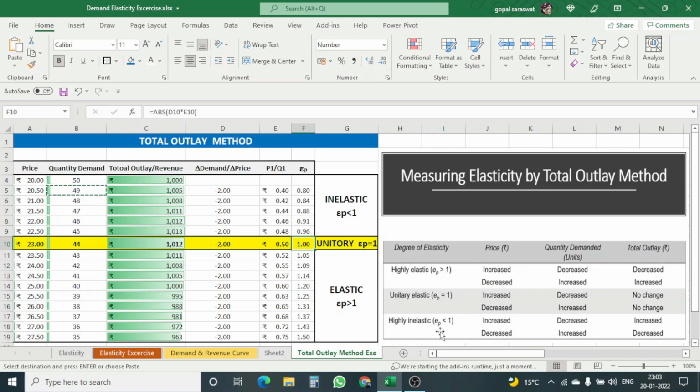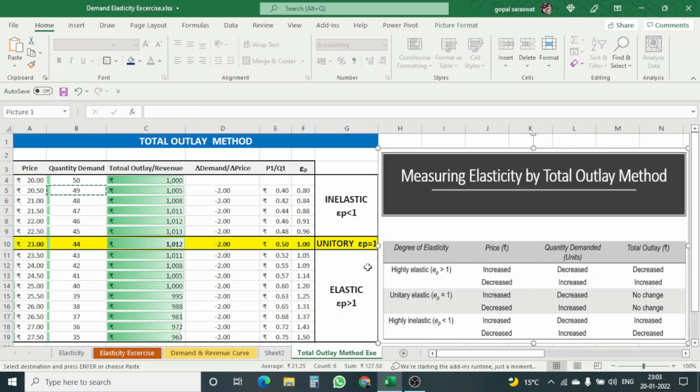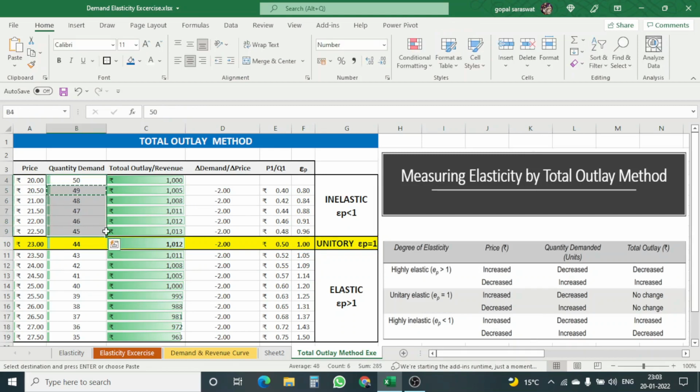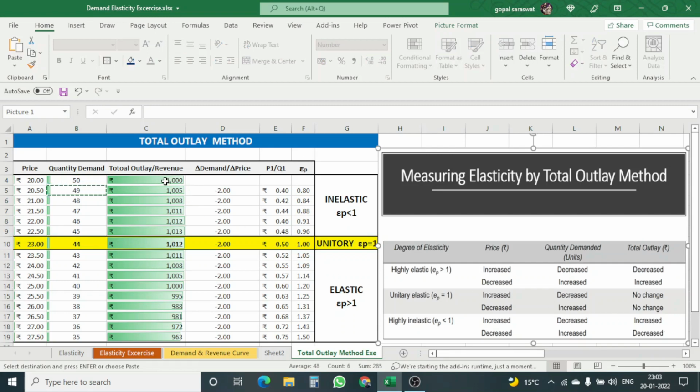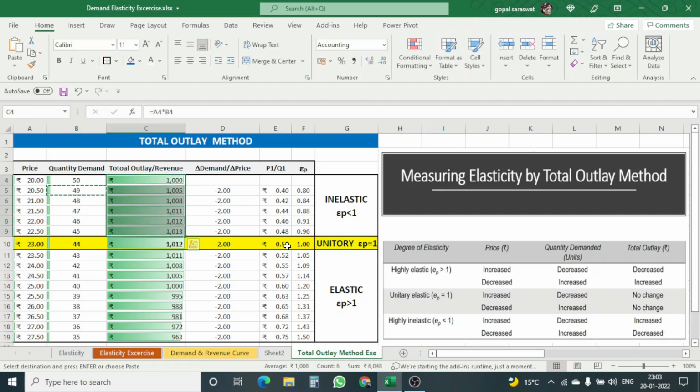And finally, the inelasticity concept, where an increase in price has an impact on the quantity demand to decrease. Quantity demand decreases, yes, very true. And finally, the total outlay increases. You can see that.